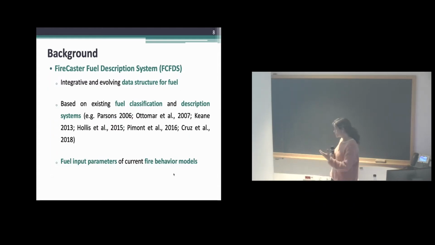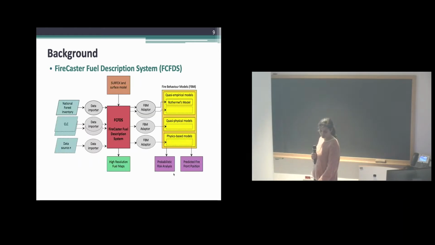In order to answer all of these points, we developed the Firecaster field description system, which is an integrative and evolving data structure for fuel. It was based mainly on existing fuel classification and description systems, and it considers the more important fuel input parameters of current fire behavior models.